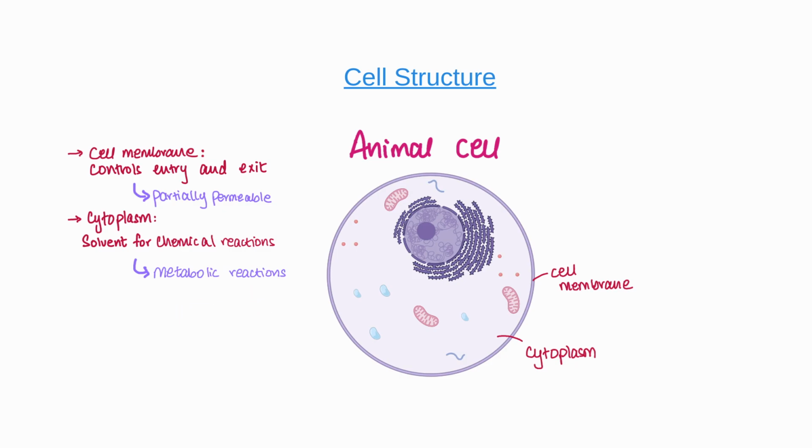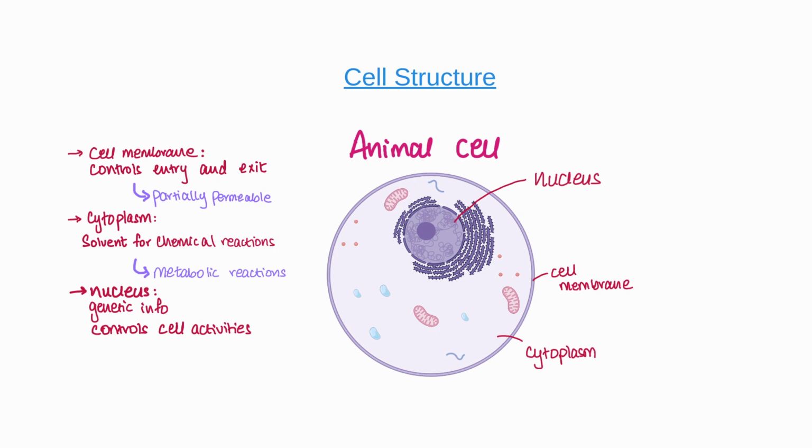Let's move on to the big boss, the nucleus. Now, why would I call this the big boss? Watch. So this guy stores all of our genetic information in the form of chromosomes, which are made of DNA. This means that it gets to control all the activities of the cell, including which proteins to make and to release, as well as cell division itself.